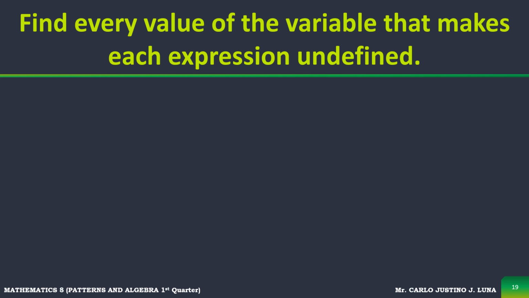Find every value of the variable that makes each expression undefined. Ibig sabihin, hahanapin natin lahat ng value ng ating variable x na kung saan gagawin niyang 0 yung denominator natin. Okay? Gagawin niyang undefined.